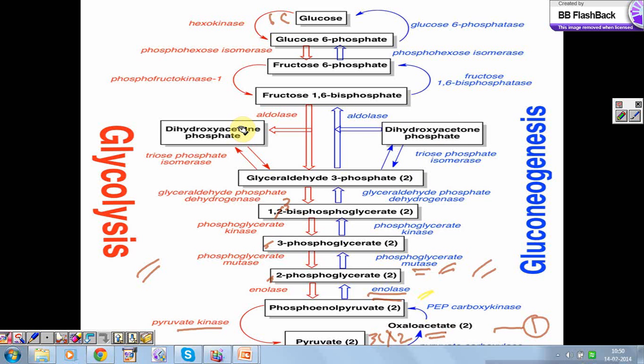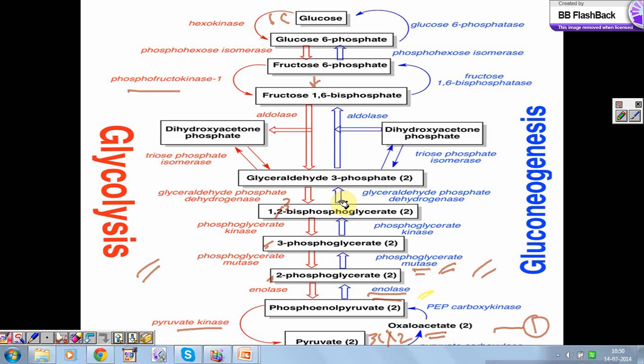From the dihydroxyacetone phosphate, fructose 1,6-biphosphate is produced, and then this step, again, is a critical step. In glycolysis, fructose 6-phosphate with the help of 1 ATP produces fructose 1,6-biphosphate by the enzyme called phosphofructokinase, and this is a rate limiting step in glycolysis.